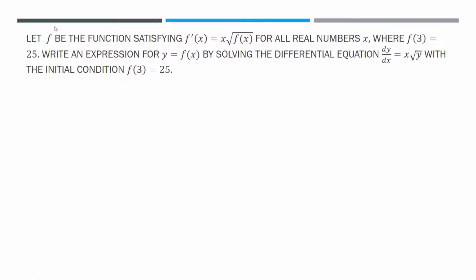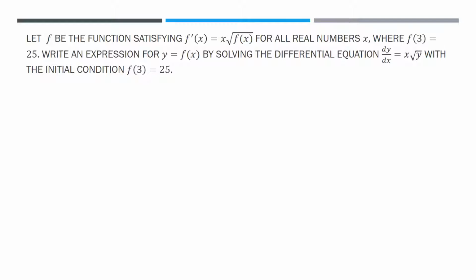So taking that last example we just looked at, the next part of that problem was part B that says write an expression for y equals f of x by solving the differential equation dy dx equals x square root y with initial condition. So part A was the derivative aspect for you. It was making sure you understood your properties of derivatives.